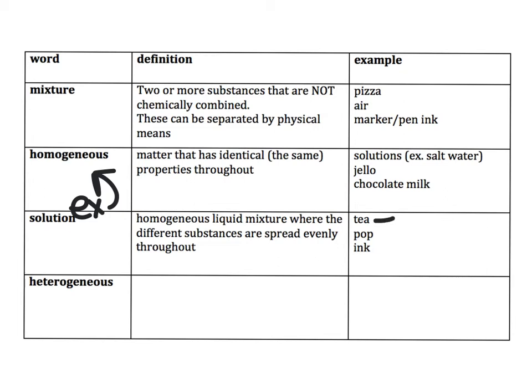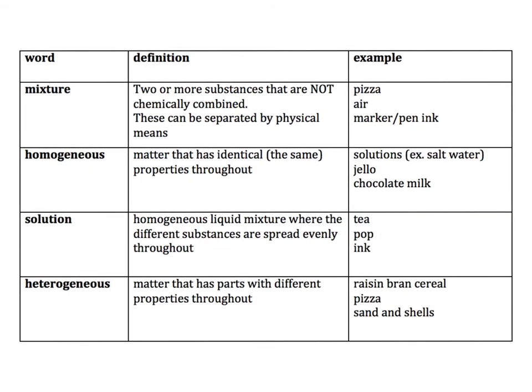This would be the tea, the pop, ink. I would even say this chocolate milk when it's totally mixed together. It's also a liquid. Salt water would be one. These are an example of homogeneous, but the key word is that it's liquid or the same state of matter, but we always think of a liquid as a solid.